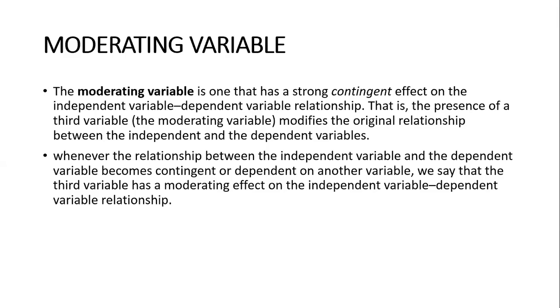Let me explain what original means. For example, the environment or the facility of the campus is improving student learning. With the addition of the moderating variable, it is not improving as before. For example, a 1 degree change in the facility gives a 2 degree improvement in student learning, so it changes by twice.